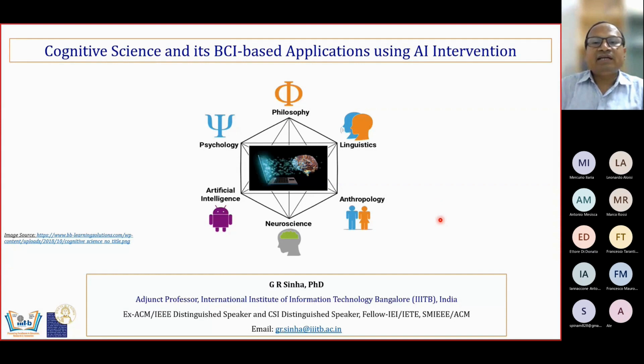In the title slide itself, you can find an interesting picture, and this picture is highlighting cognitive science. I will formally define cognitive science, but since this picture is present in the title slide, we need to understand what it depicts.